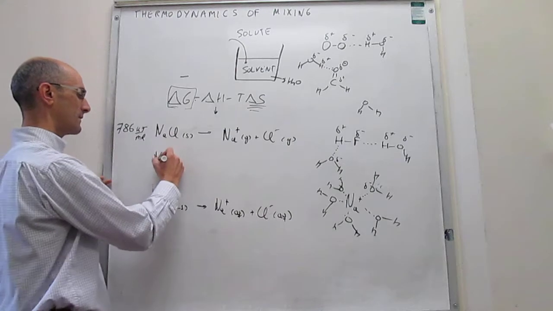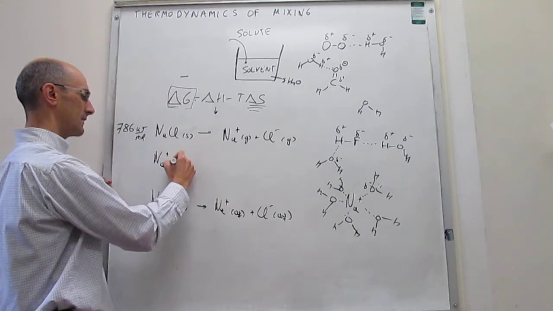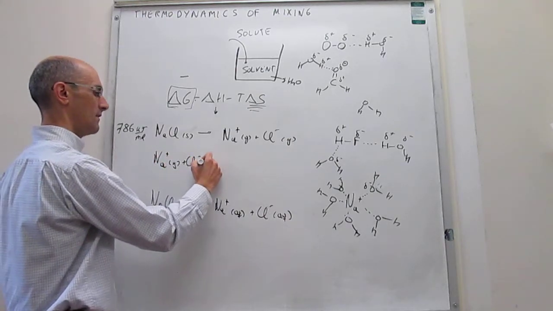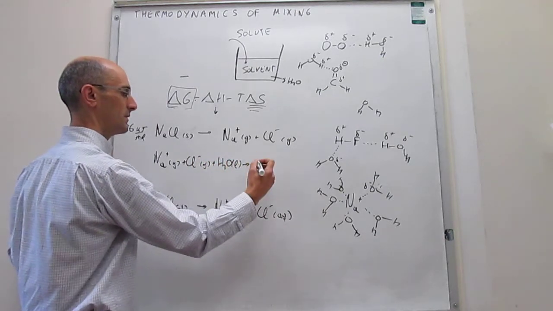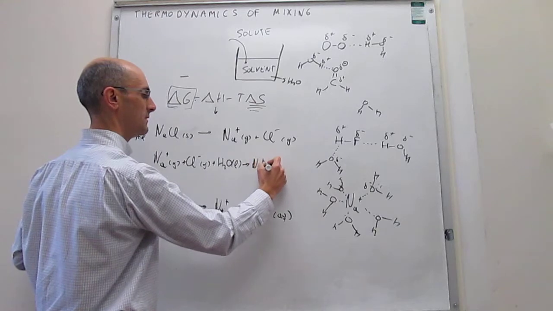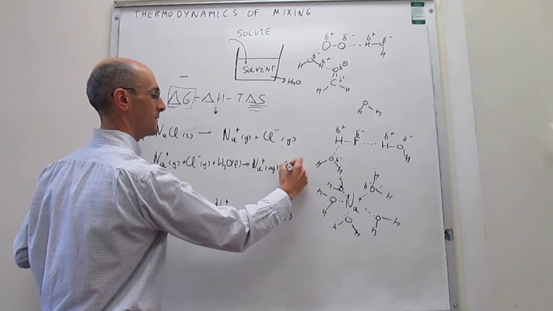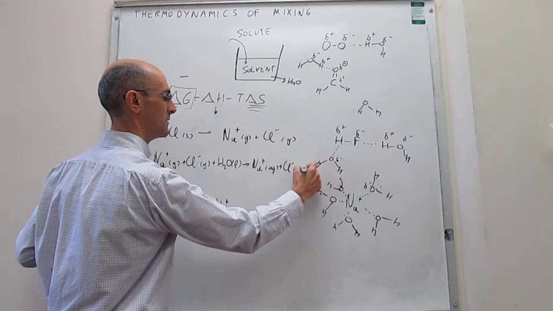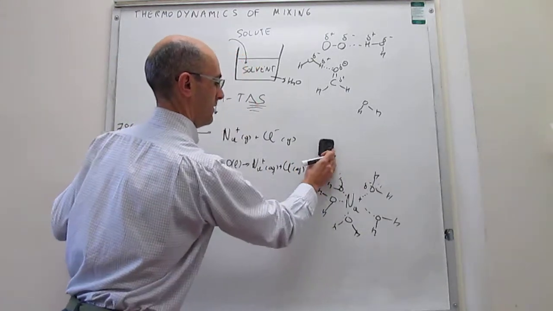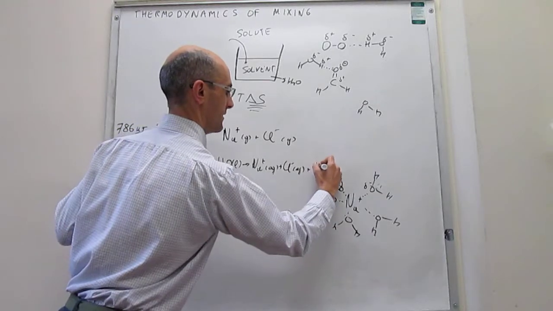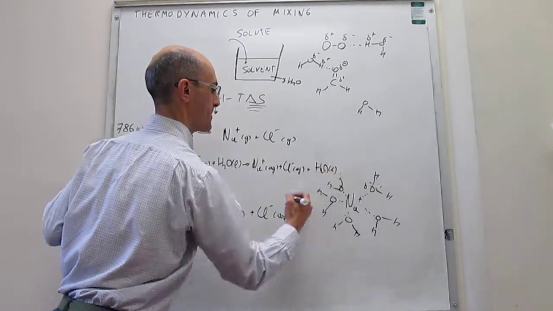So you will have something like this: sodium plus in the gas phase plus chloride minus in the gas phase plus water liquid to generate sodium plus aqueous plus chloride minus aqueous plus the disordered water, H2O liquid.